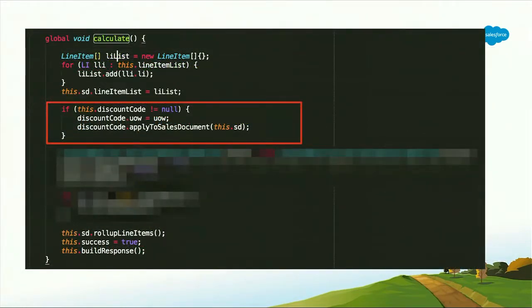What is happening inside the calculate method? Again, this is outsourced into the very business entities. So again, it's very simple. We are building our classes, building line item lists, which are coming from the incoming data, applying a discount code, if there is a discount code.